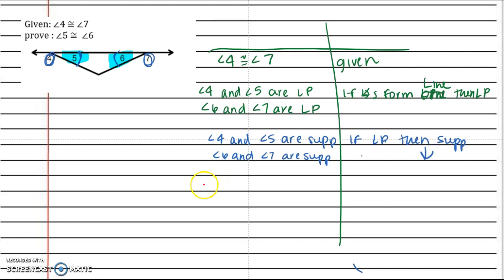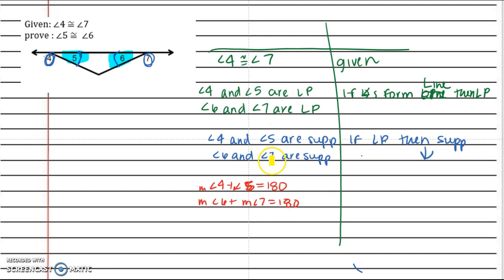And now I can say angle 4 plus angle 5 equals 180. And the measure of angle 6 plus the measure of angle 7 equals 180.